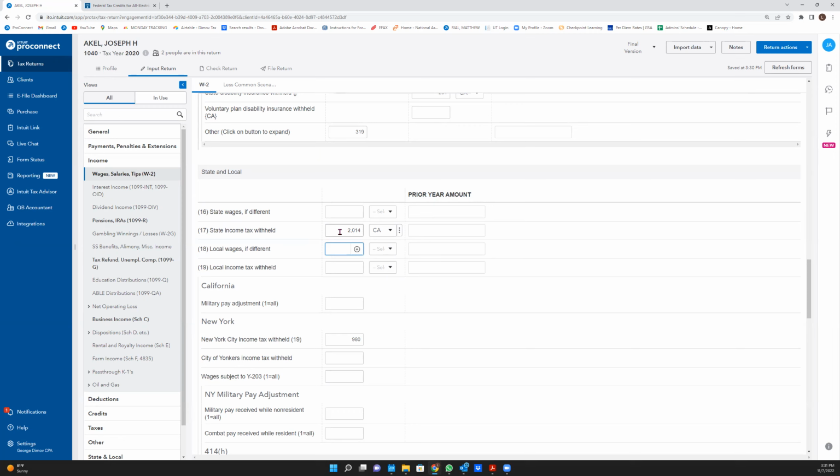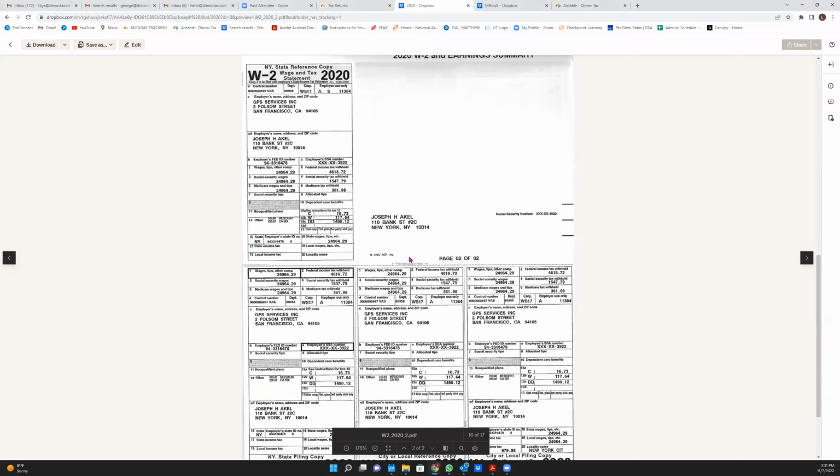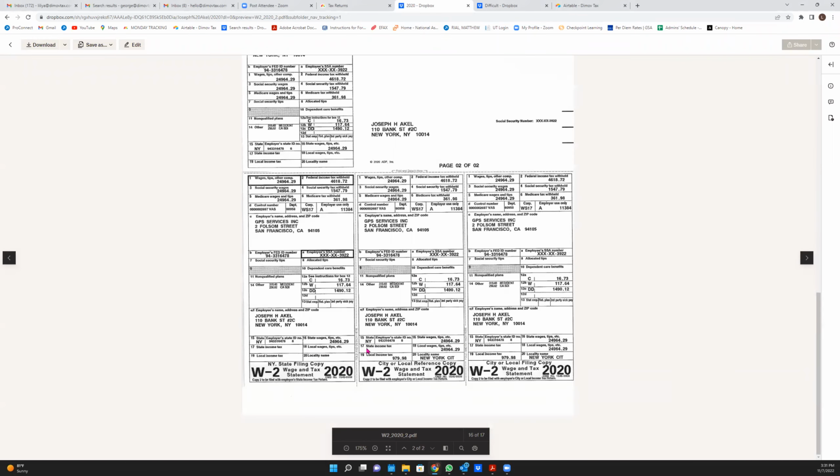Now, when we go down to the state, here it's only showing income tax withheld for California, and let's say New York City income tax. If you look at the W-2, we do see that New York state wages are exactly the same as the federal, but none of the New York state tax was actually withheld.